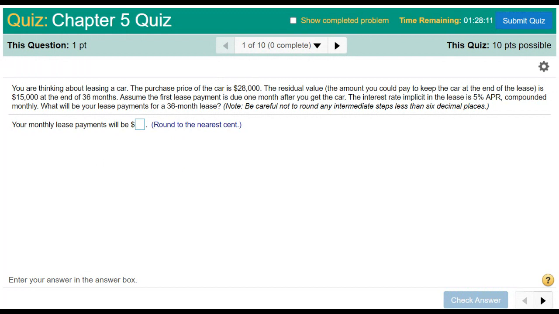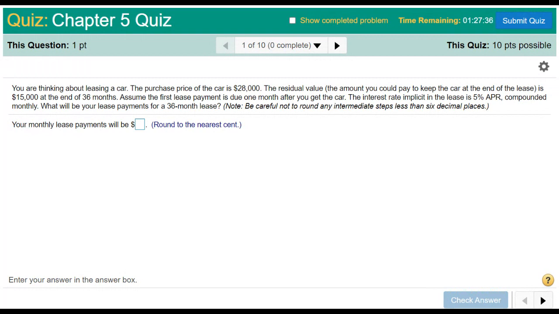You're not buying the whole car outright. It's like a rental. The residual is what's left, and you can finance this, but we're not doing that. We want to find out how much our payment will be, subtracting the present value of the residual from the $28,000.